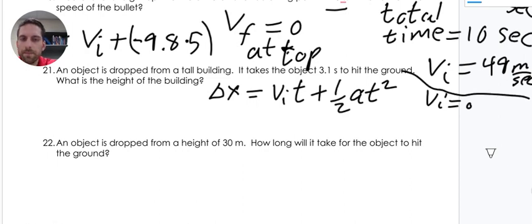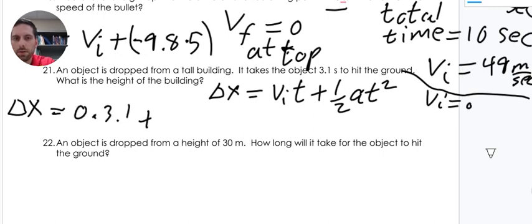Okay, so we plug all that in. We want to know delta x. 0 times 3.1 plus 1/2 negative 9.8. But since we want a positive value, I'll just make that positive 9.8.